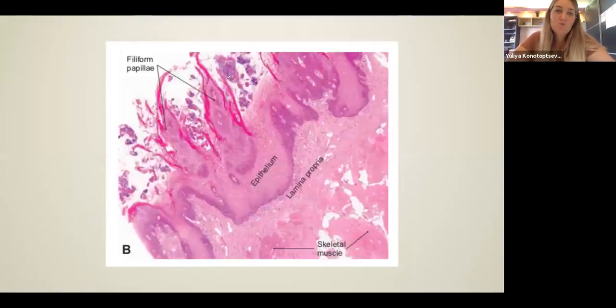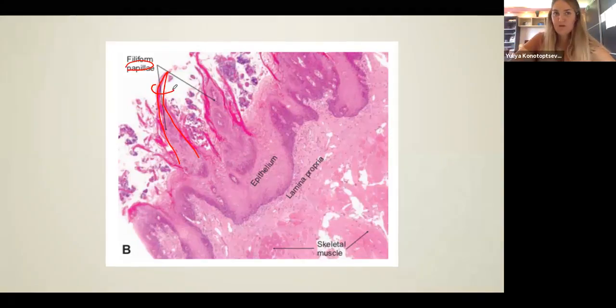So take a look. Which papilla is this? This is a filiform papilla. How do you know? Because it has this particular conical shape, right? It looks like a cone. So this cone is very useful for mechanical function, for scraping off the dirt, for licking yourself, and etc. Does it have taste buds?